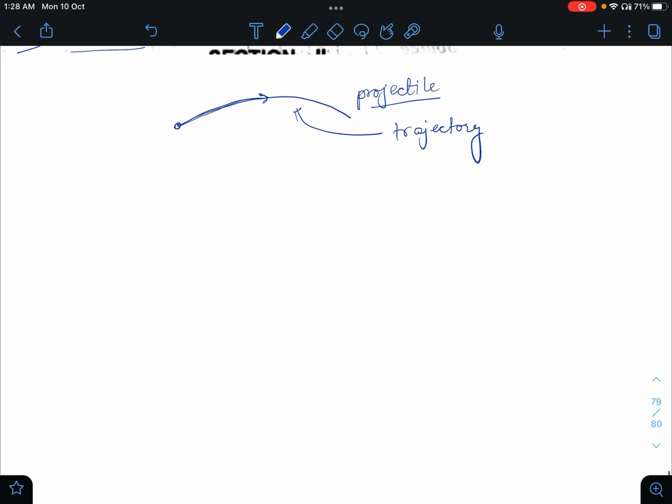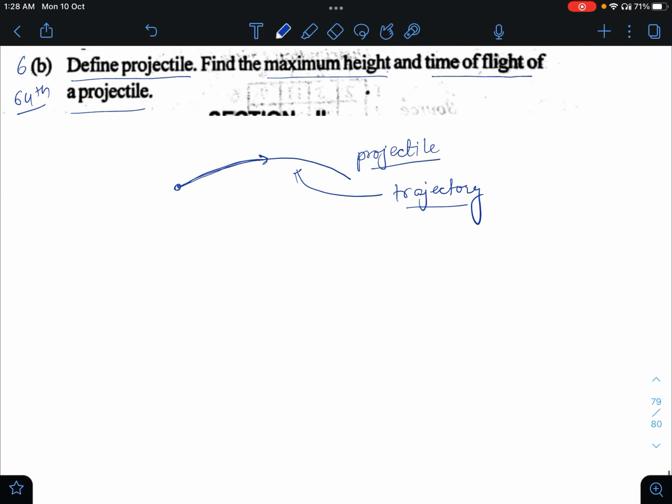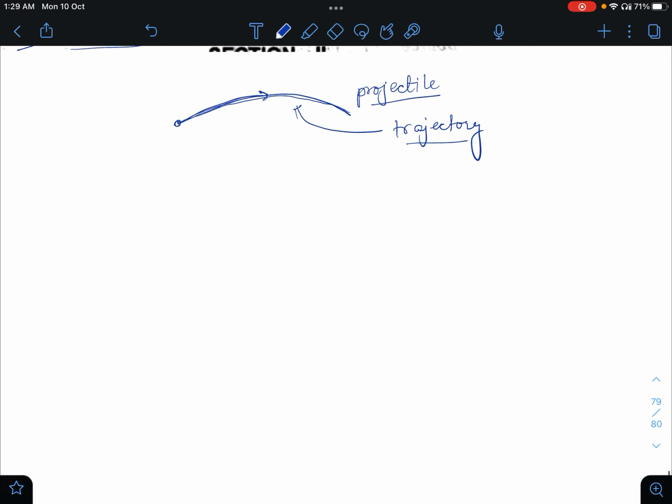That is the definition of a projectile. So we need to find the maximum height and time of flight of a projectile.